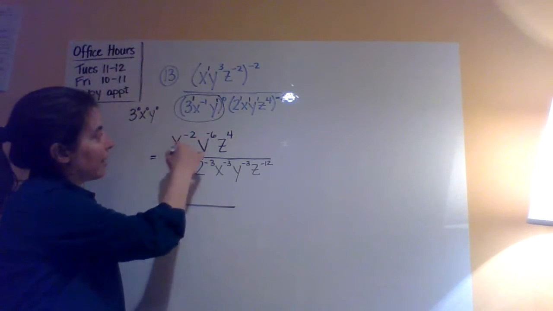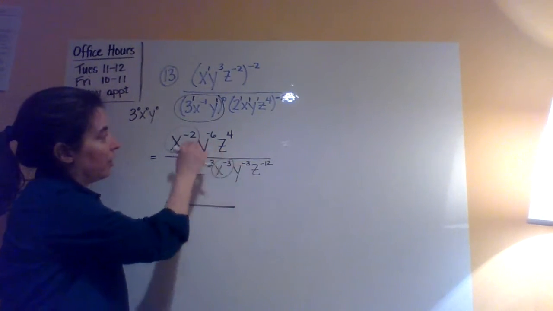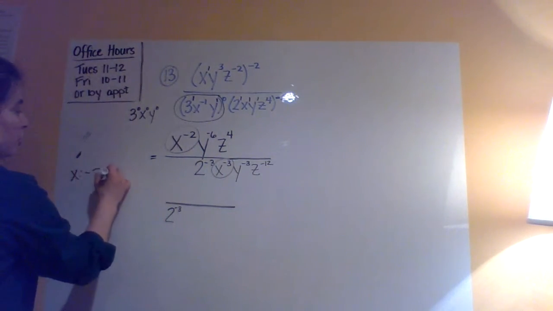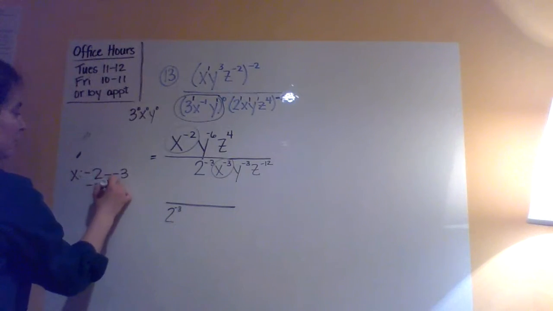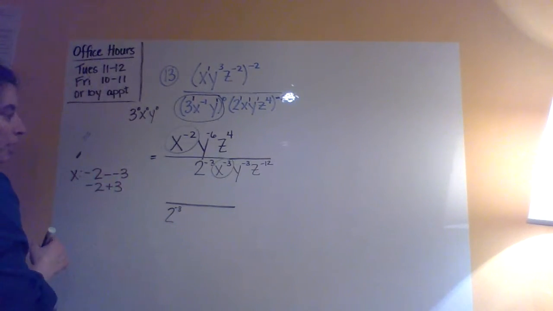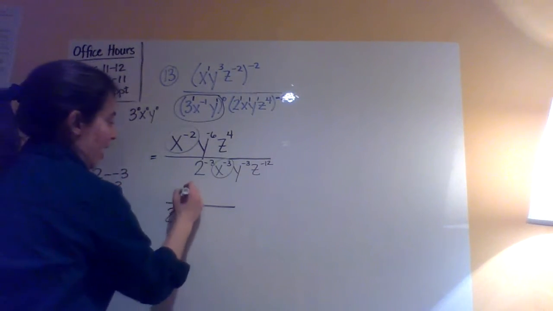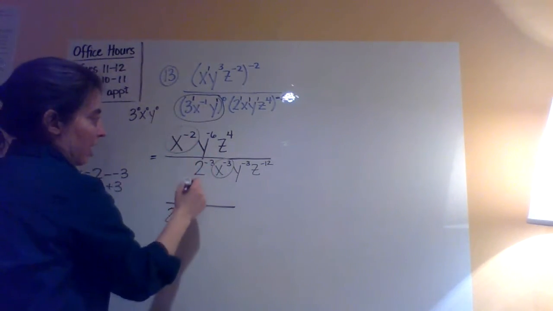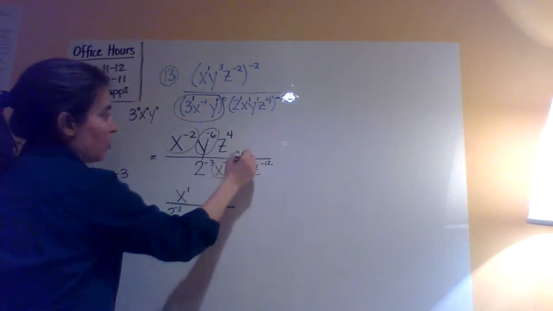So I have x's. I have this and this. So, for my x's, I have -2 minus -3. That's the same as -2 plus 3, which is going to be 1. So I'm going to have x to the 1st power. When I take top minus bottom, it always ends up on the top. Now I'm looking at the y's.